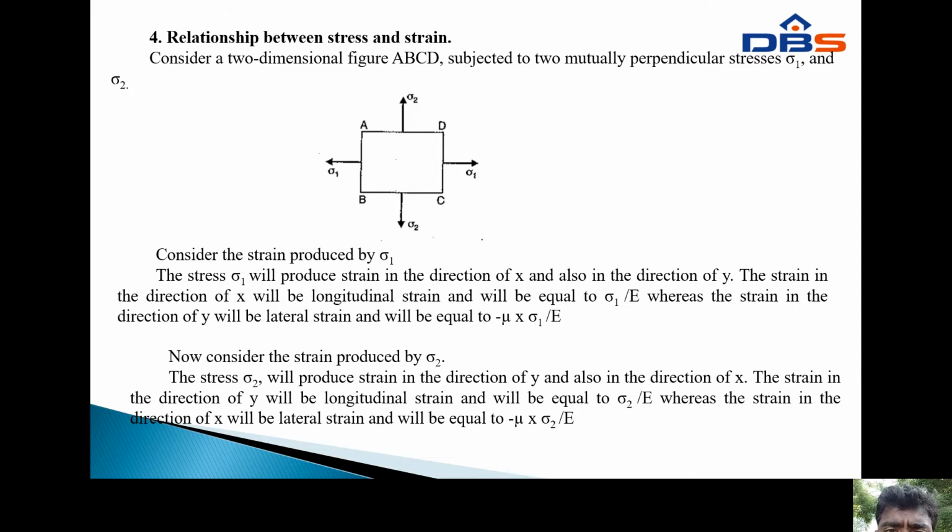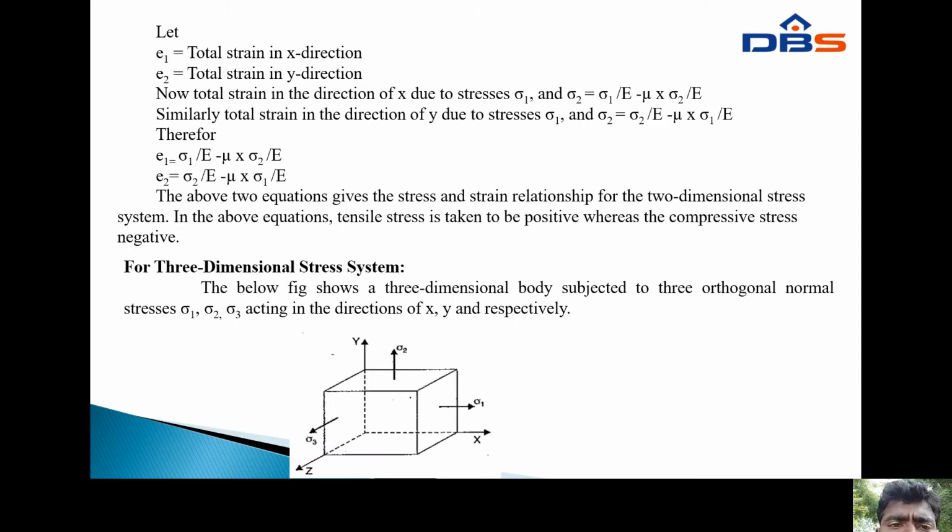Next, let e1 be the total strain in the x direction and e2 the total strain in the y direction.